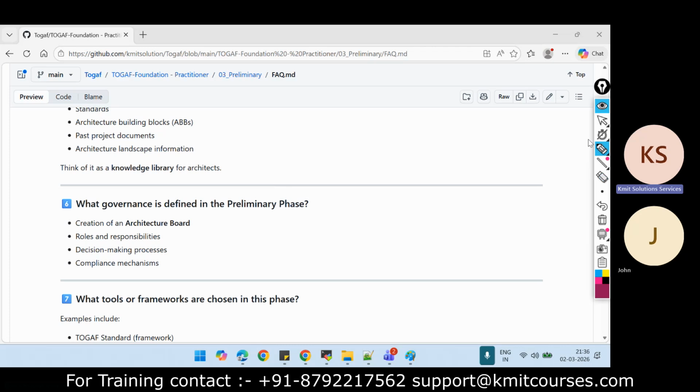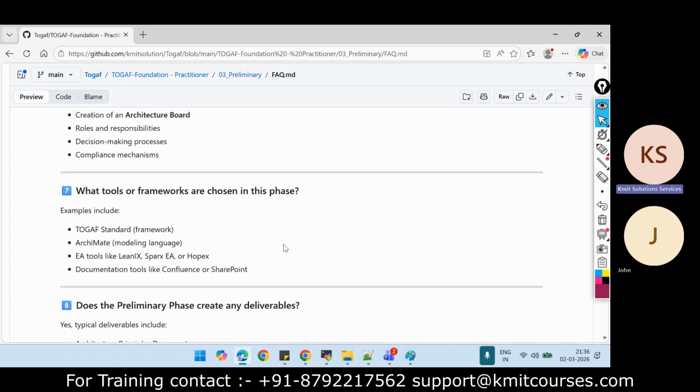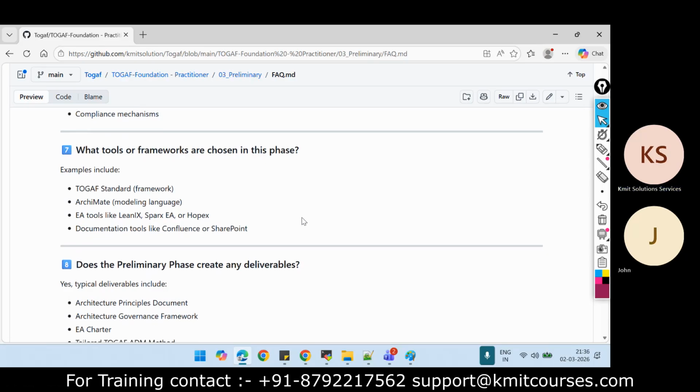Now, next is, what are the tools or frameworks chosen in this phase? In this phase, if you are going with enterprise architecture, you need to decide what framework you are going to use.